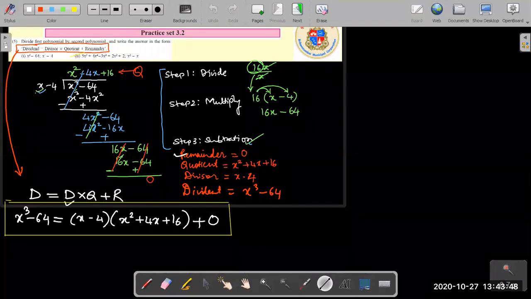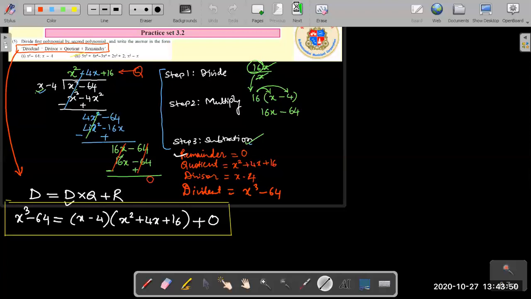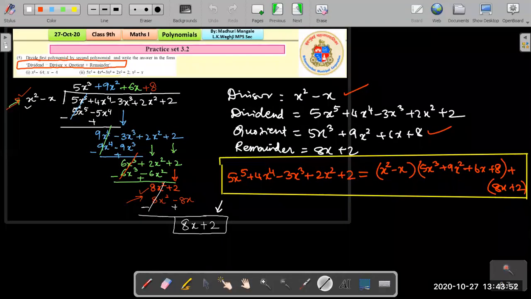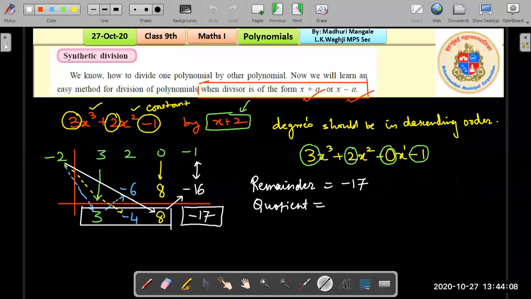It is 1 less, it is x squared, right? Also you can look at this problem. Here the highest degree was 5, but the degree over here is 3 because the divisor had 2. So we are reducing the degree by the highest degree of the divisor. For this type of problems we are only looking at linear divisors, so the degree will reduce by 1.